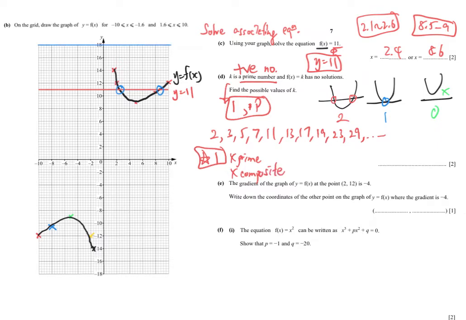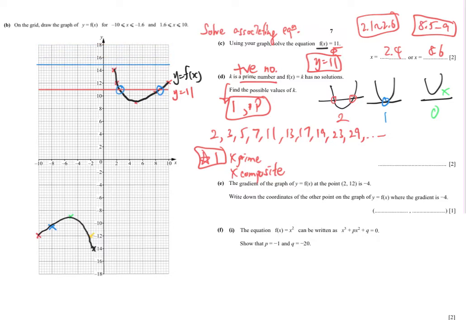So here we need to try some graphs for y equal to k, which are horizontal lines like this blue line here, and these lines must not cross the y equal to f of x, the black curve we drew in part B. So I will just move this blue horizontal line like this.